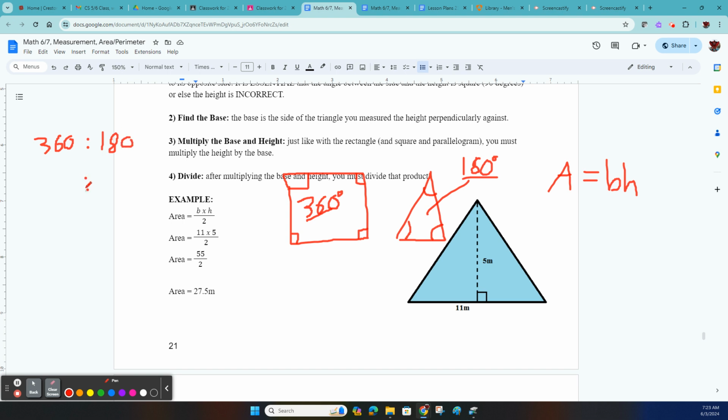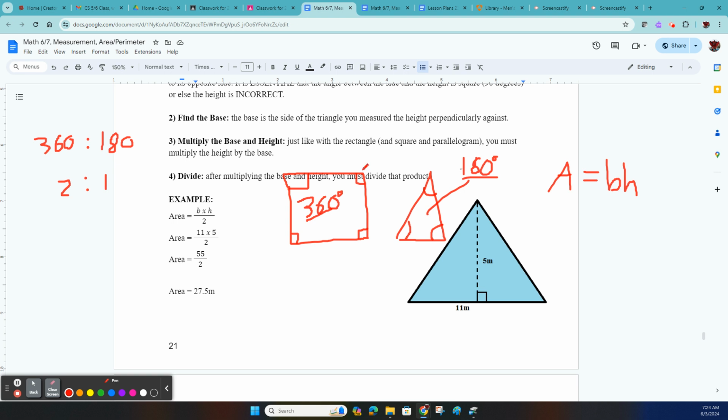Well, I noticed that 360 is double 180. Or in other words, 180 is half of 360. It's a 2-to-1 ratio. Okay? So triangles are half quadrilaterals in terms of our angles. So 360 degrees for quadrilaterals, half of that is 180, and that's what triangles have.